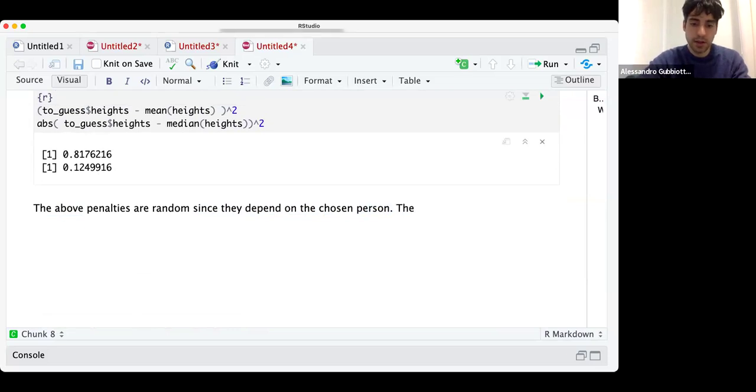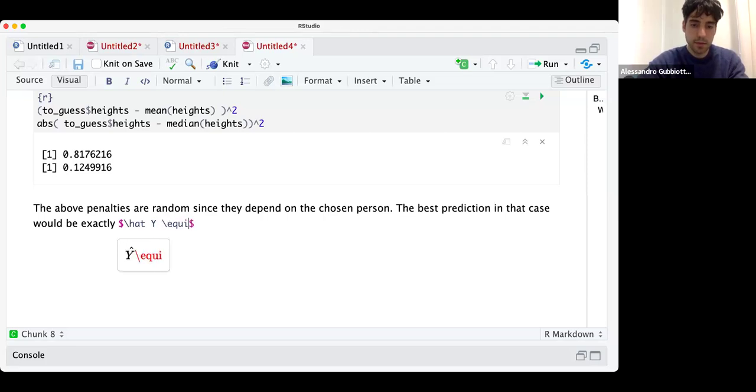The best prediction in that case would be exactly y hat equal to y. But we don't know y. So we want this guess to be independent from y. So we simply take the mean of the above stuff.